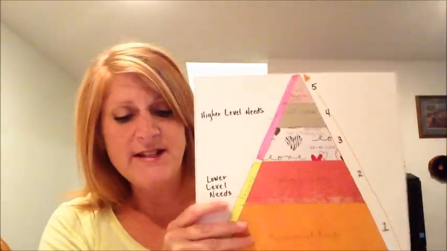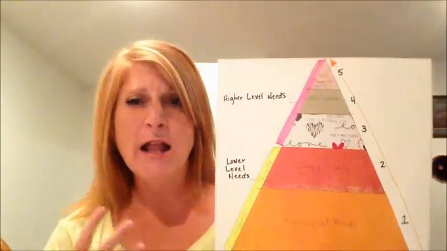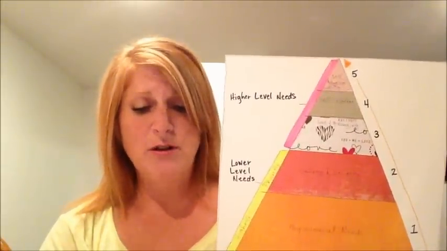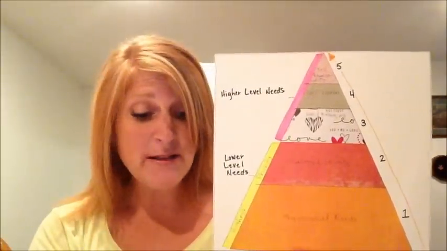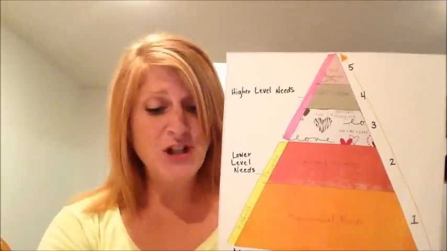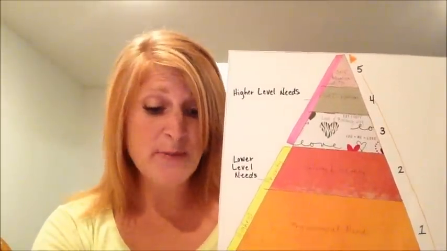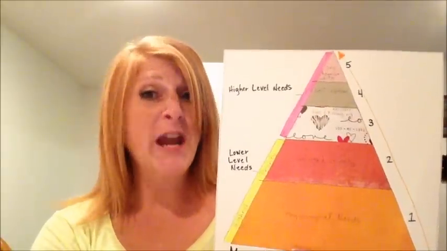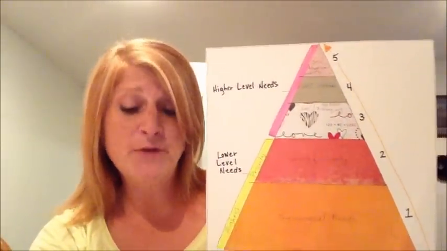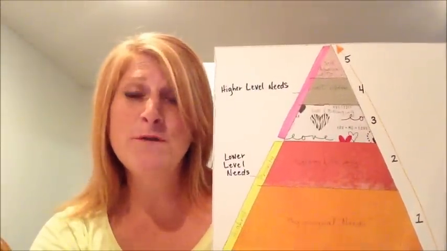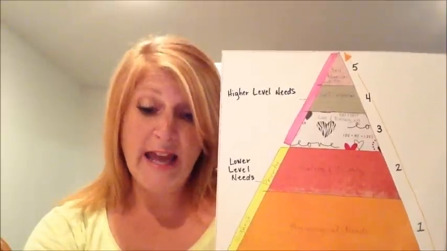Number 4, self-esteem. Okay, so this is kind of like emotional. They need to feel good about themselves, need to feel pride and a sense of accomplishment, want others to respect and appreciate and recognize those accomplishments. When a life role changes due to a loss of a job, death of a loved one, a big move, self-esteem can really take a hit.